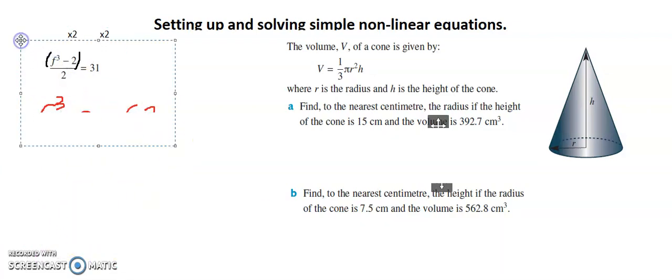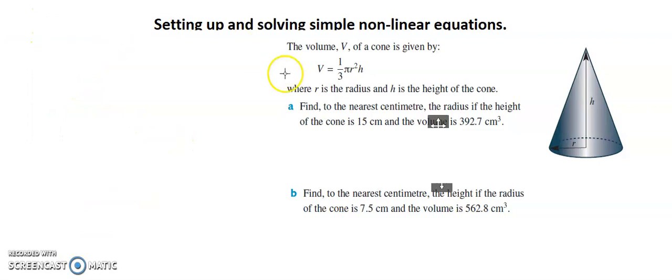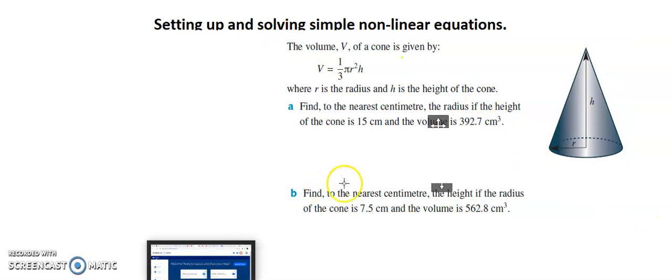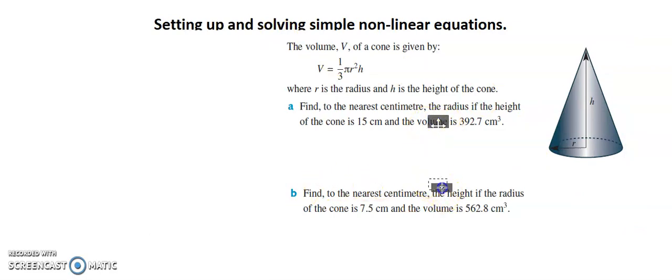Okay, so our second question is slightly more challenging, but it's the same thing. We are just needing to look at this question in terms of the equation. So we've got the volume V of a cone is given by V equals 1/3 pi r squared times h, where r is the radius and h is the height of the cone.